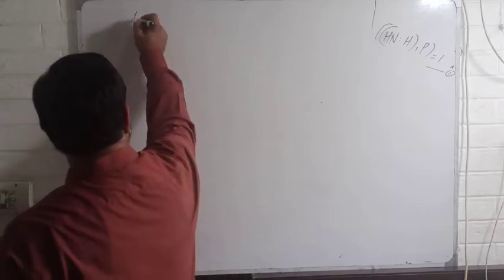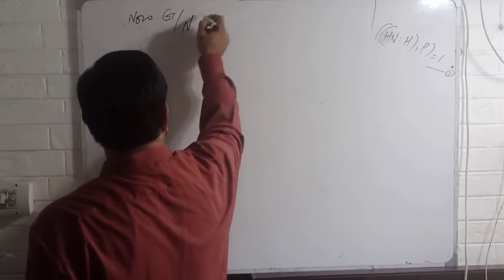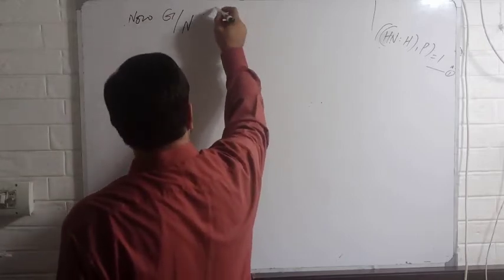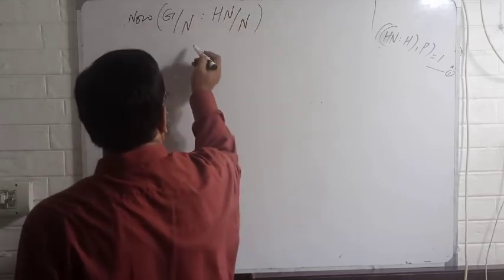Now, you see the index of HN by N in G by N. What is this?